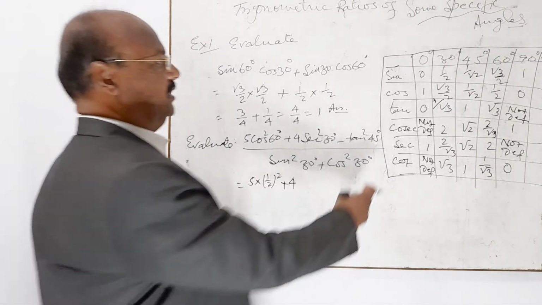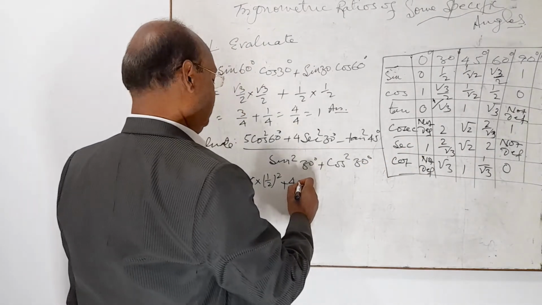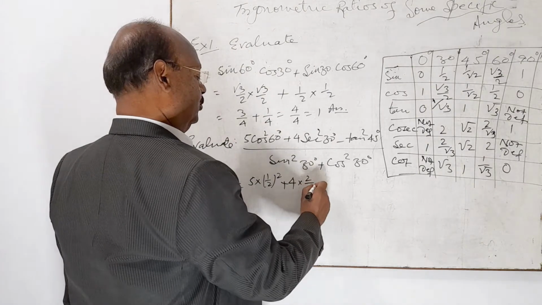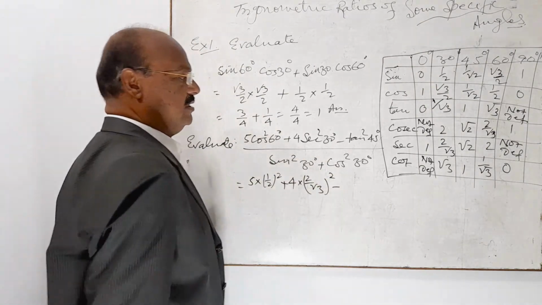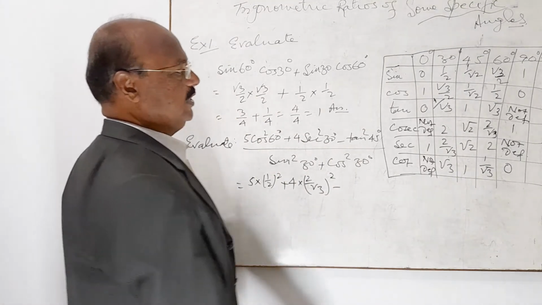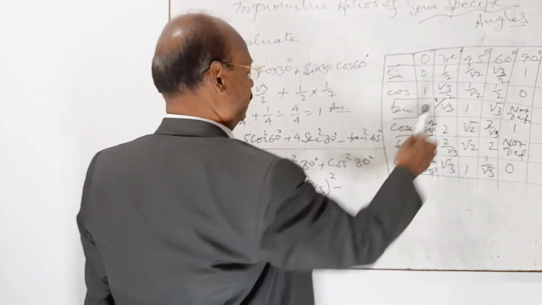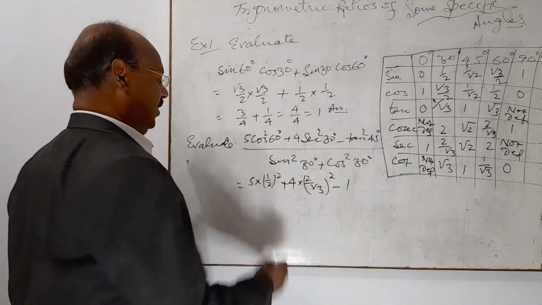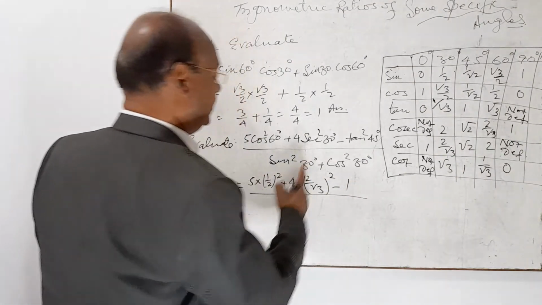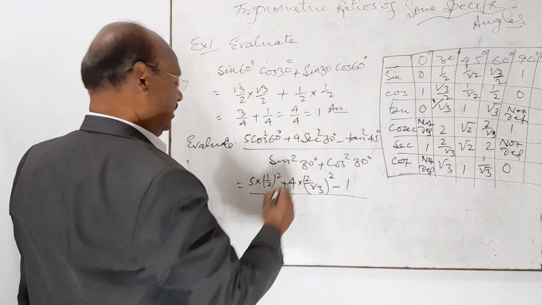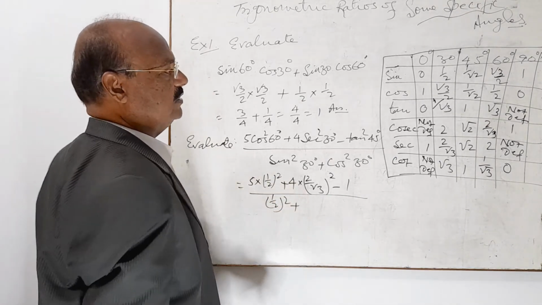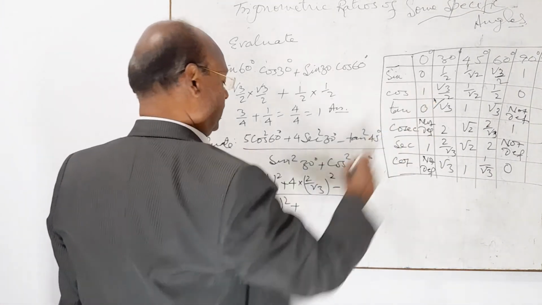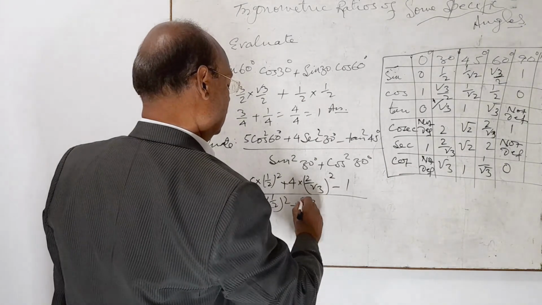Sec 30 is 2 by root 3, so into 2 by root 3 whole square, minus tan square 45 degree. Tan 45 is 1. So 1, divided by sine square 30 degree. Sine 30 is half square, plus cos square 30 degree. Cos 30 is root 3 by 2 whole square.